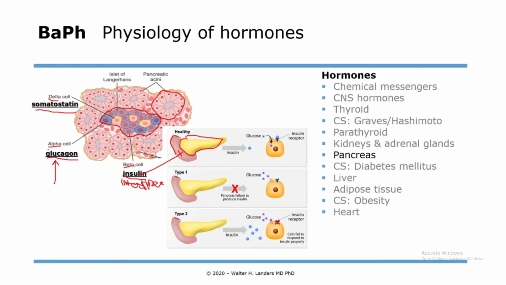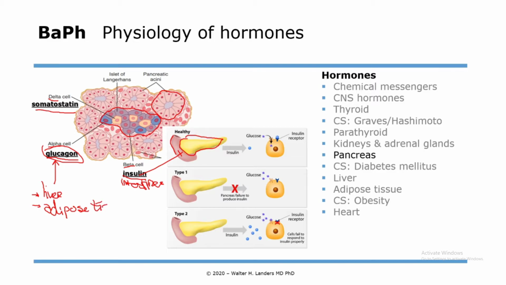Glucagon, of course, the main question is, what does it do? Glucagon stimulates the release of glucose by your liver, first of all. And secondly, by adipose tissue, which is fatty tissue.